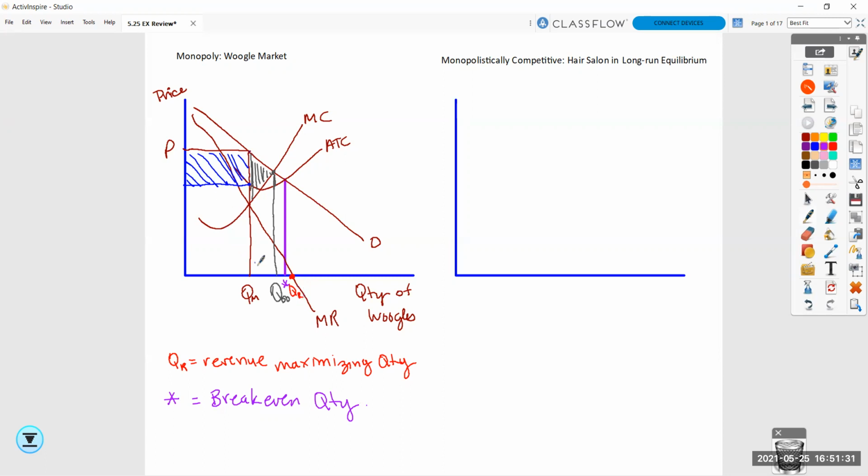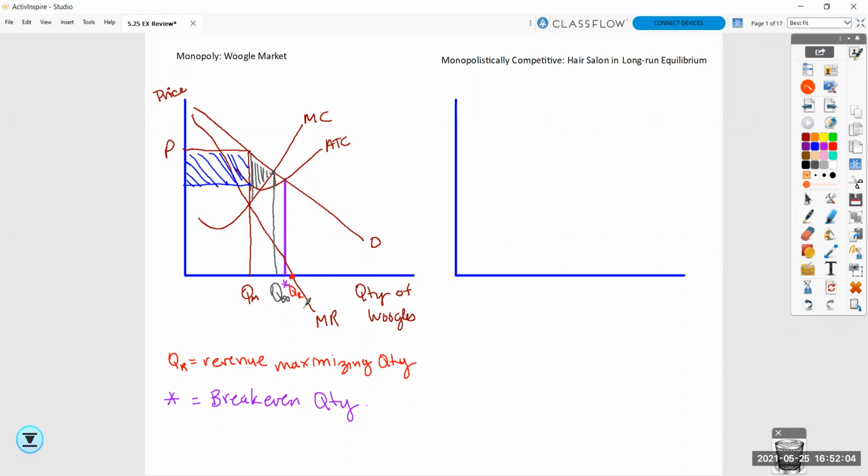You can see that for the break-even quantity, the socially optimal quantity, and the profit maximizing quantity, the marginal revenue is positive for all three. So that's the total revenue test: when the price goes down, the change in revenue will be positive. So for all three of those, the demand would be price elastic.